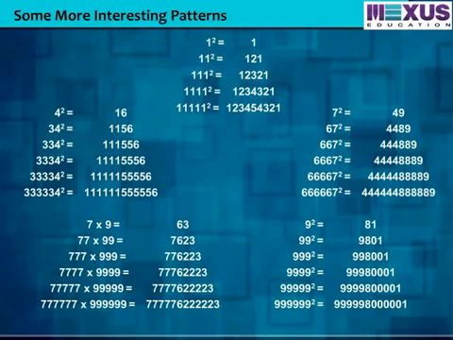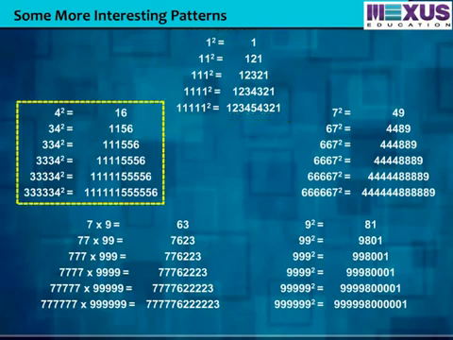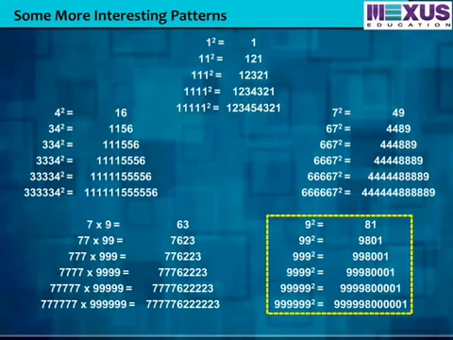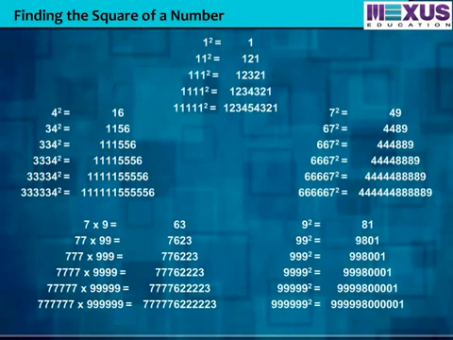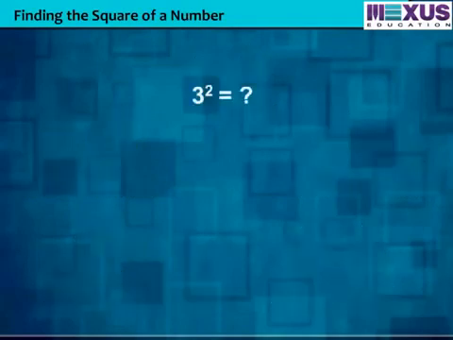Here are some more patterns of a square number. Look at the image. Seeing this image, you will understand the different patterns of square numbers. We have now properly understood about the square numbers. So let us now find out the squares of numbers, say the square of 3. Yes, correct. It is 9. Square of 10?